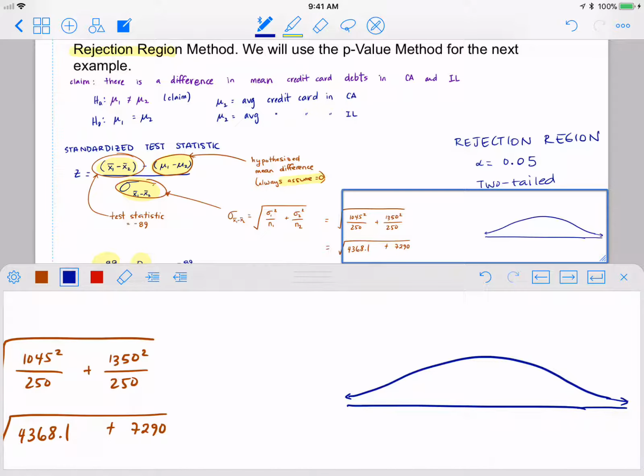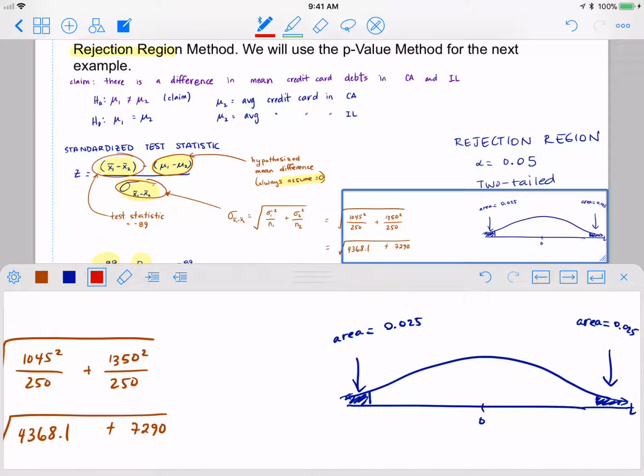We've got a t-distribution, and the area of the two tails needs to add up to be 0.05. So this area is going to be equal to 0.025, and the area in the right tail is going to be the same thing, 0.025, because t-distributions are symmetric.